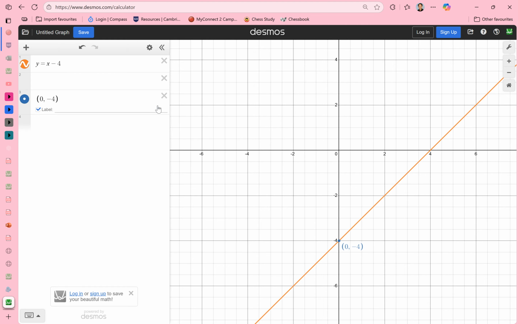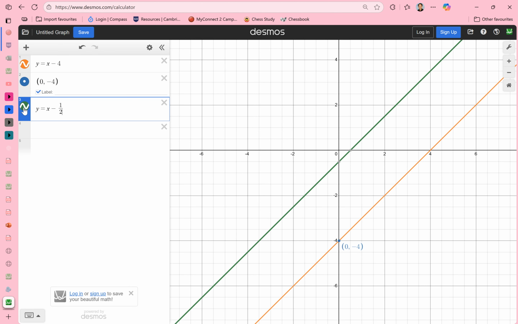So every time I type an equation for you, if I said, what would the graph of y equals, okay, I'm just going to say x minus half. So where do you think that's going to be? Okay, where will it touch the y-axis? If I said minus half. Now when I do minus half, hopefully you figured out that it should touch the y-axis at negative half.